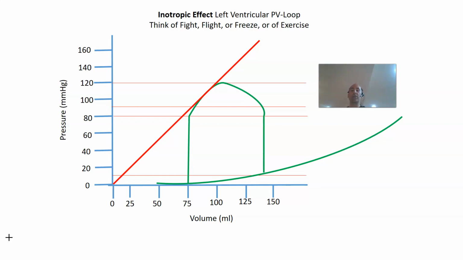Negative inotropes decrease it. So positive inotropes are digoxin and digitalis, berberine, calcium, calcium sensitizers such as levosimendan, catecholamines such as norepinephrine, epinephrine, dopamine, angiotensin II, which is a vasoconstrictor, eicosanoids such as prostaglandins, phosphodiesterase inhibitors such as Viagra and Cialis, glucagon and insulin, all positive inotropes.